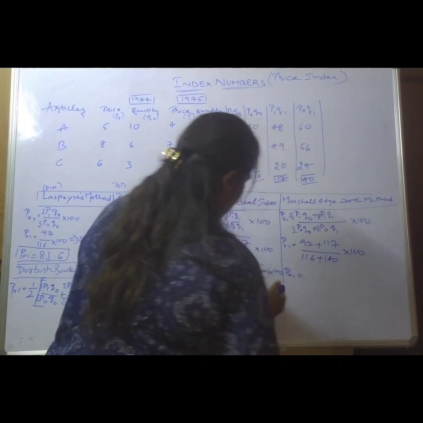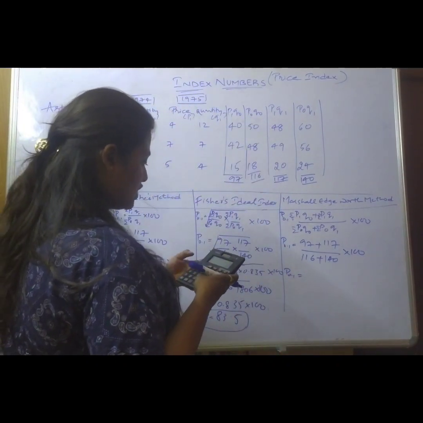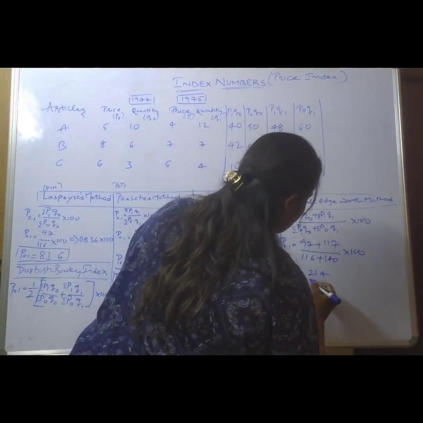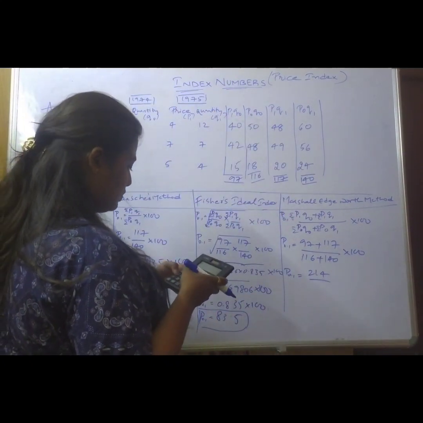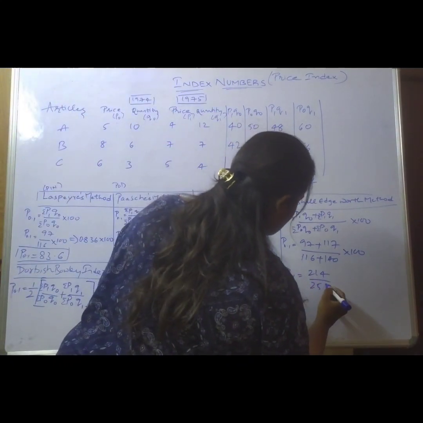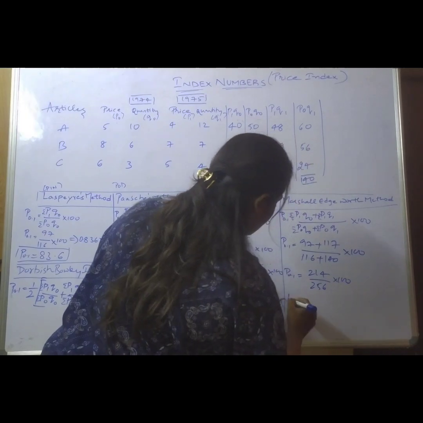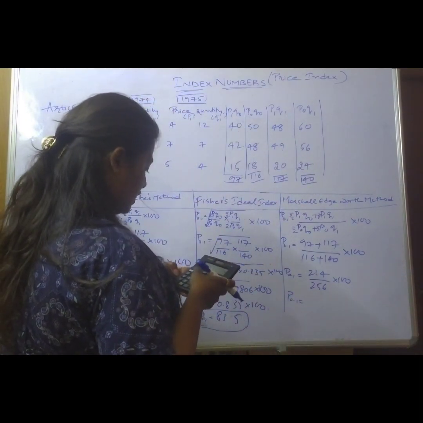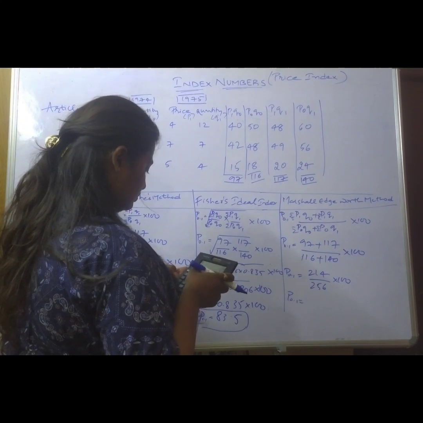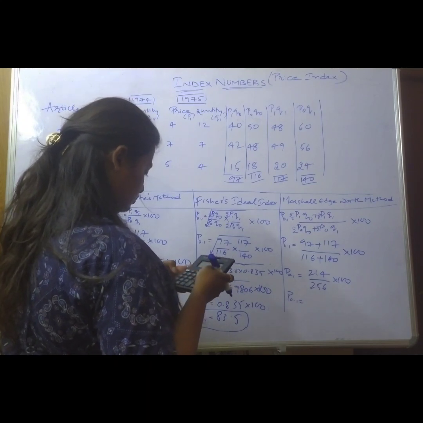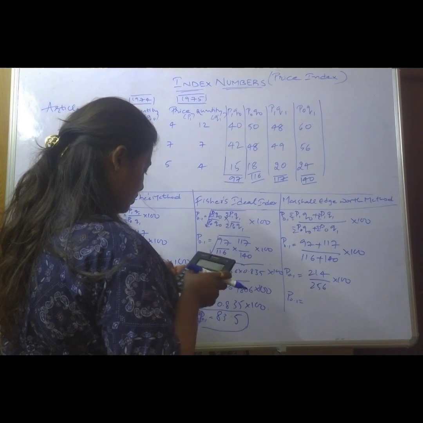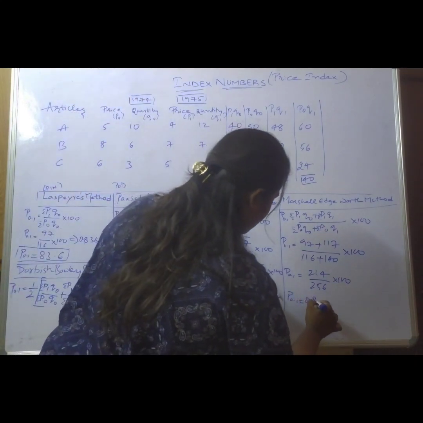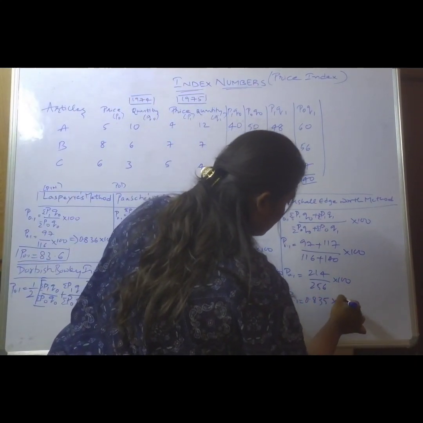So P01 is equal to 97 plus 117, which gives 214, divided by 116 plus 140, which is 256, into 100. So P01 is equal to 214 divided by 256, which is 0.835 into 100.